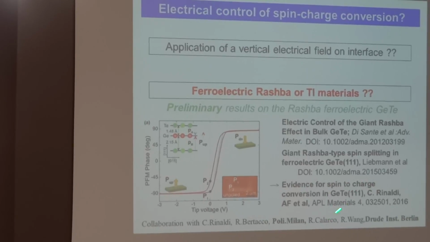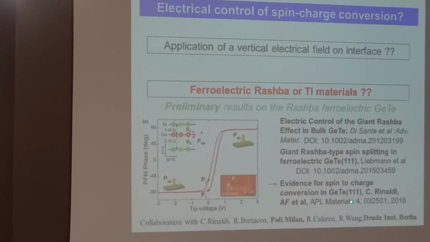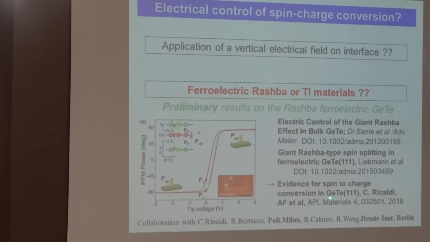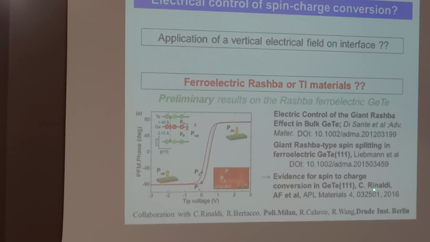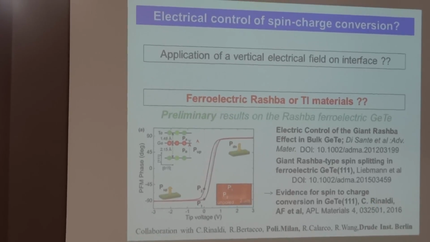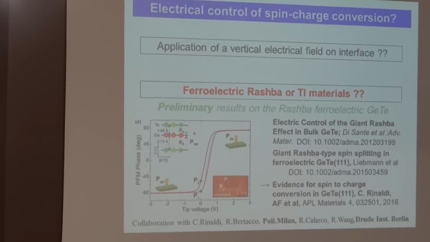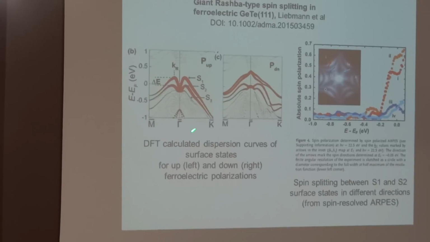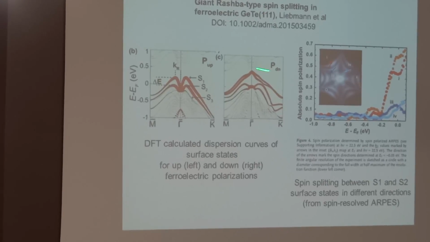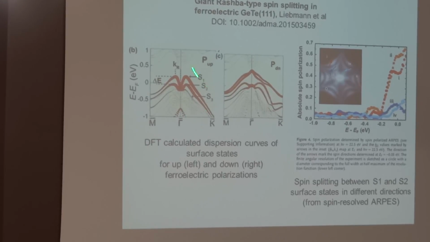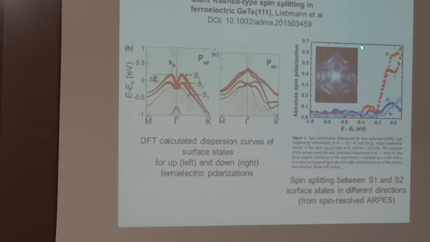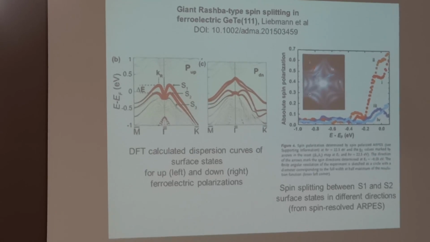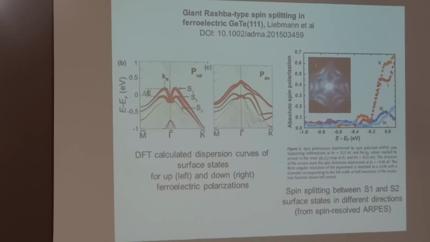In fact, we are only at the end of the chain of results. This system is mainly studied by a group in Milan. What they have already shown is that there is a Rashba splitting, and the Rashba splitting depends on the direction of the ferroelectric polarization, and also there is a strong spin polarization of these Rashba states.